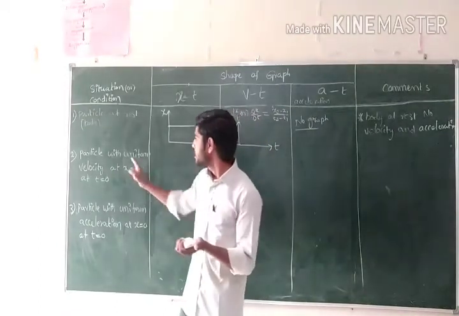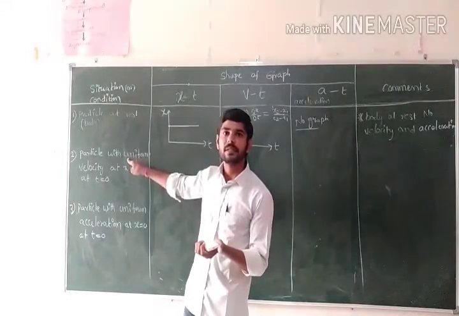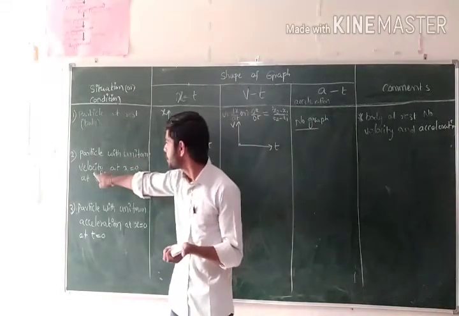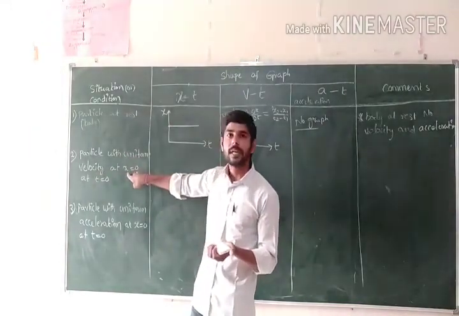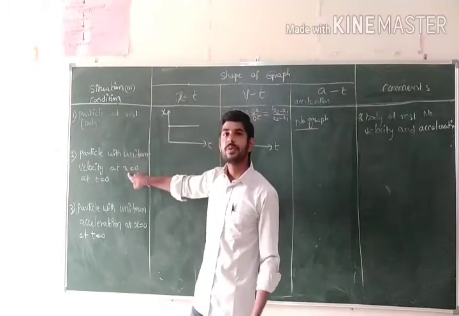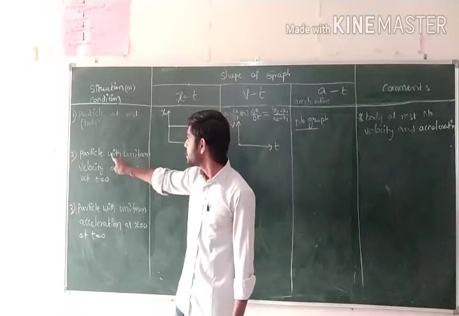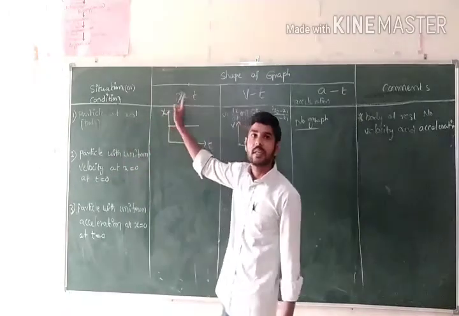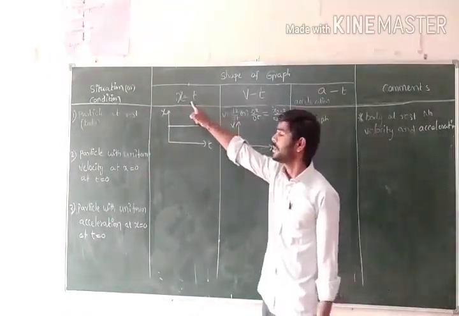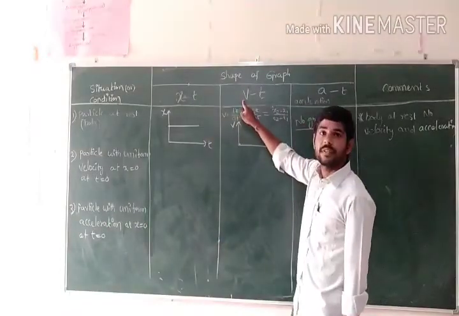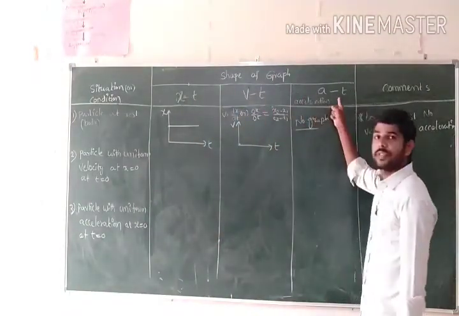In that case it is uniform, meaning constant velocity, with the given condition x equals 0 and time equals 0. Now we need to derive how the graphs come for displacement versus time, velocity versus time, and acceleration versus time.